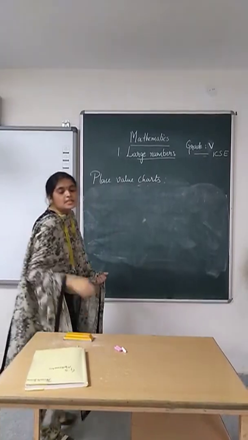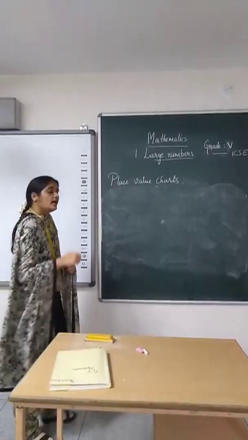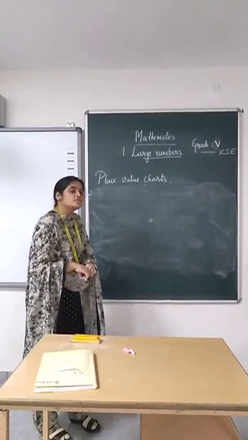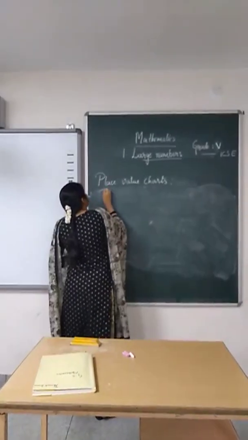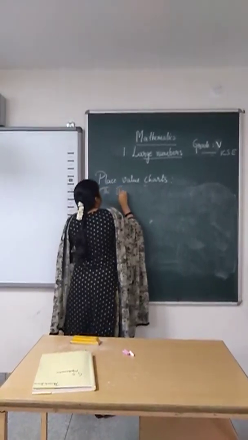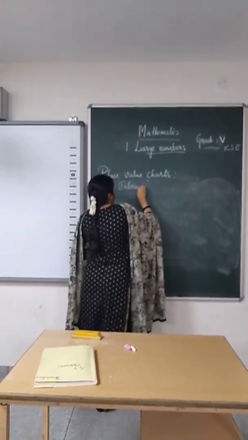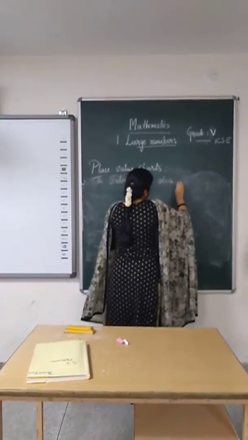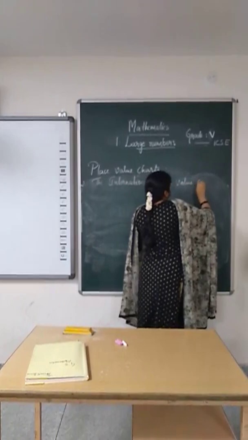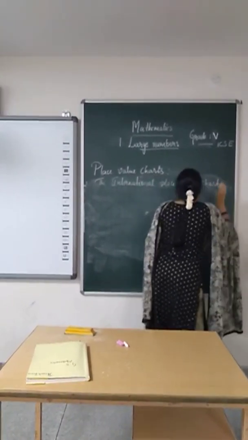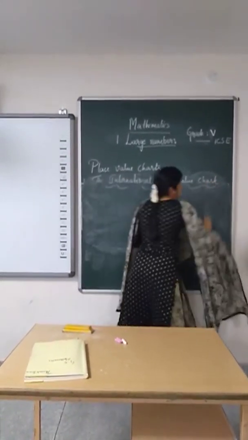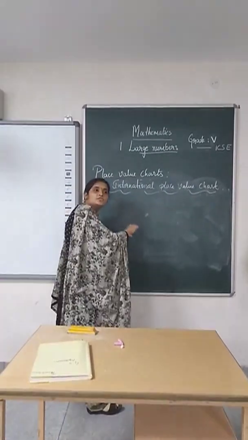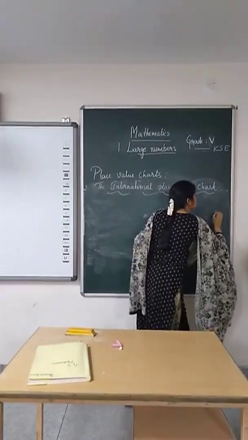So this is about the Indian place value chart, and I told you in the beginning we have one more place value chart, that is the international place value chart. Here how the place value chart goes on. It is very simple, right?